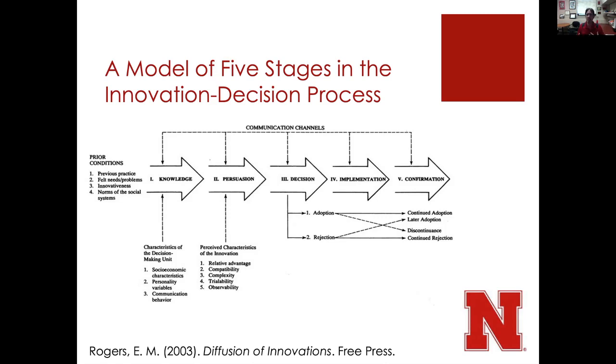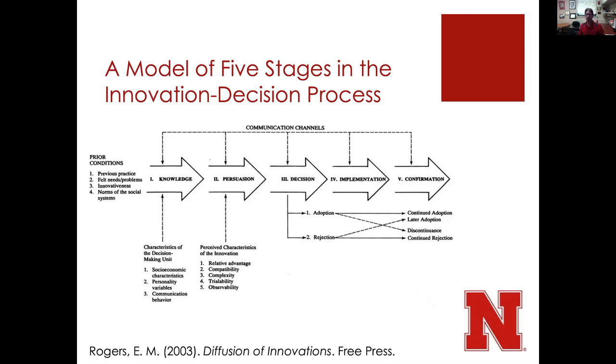Once that implementation is done, the individual or the group has to confirm their decision. So they either are going to be confirming it in the sense that they are glad they made a decision and this innovation is fruitful, or they may start over and they may decide that they made the wrong decision and go back and reject the innovation.